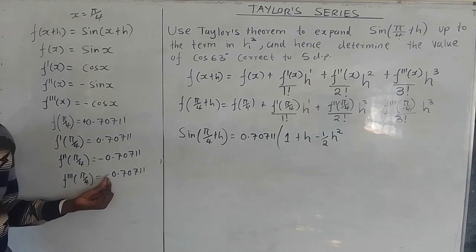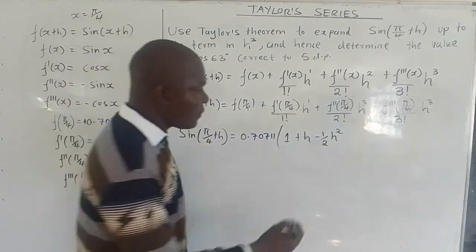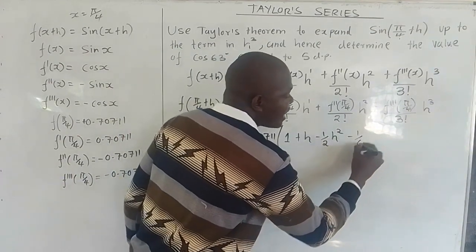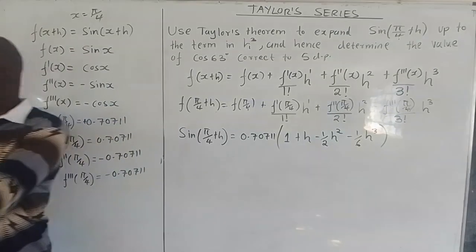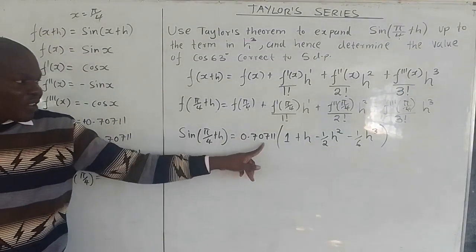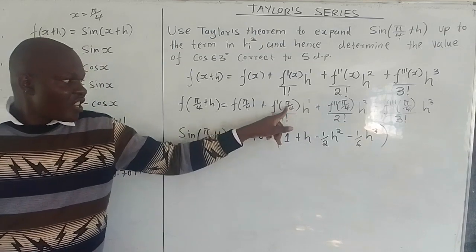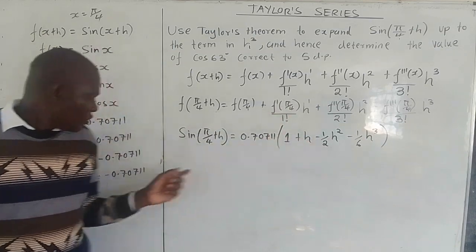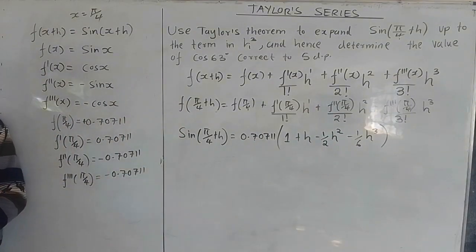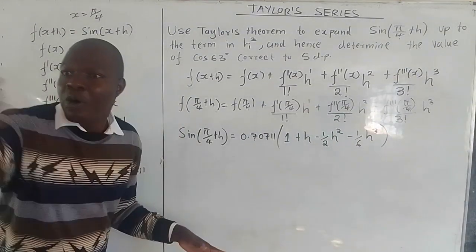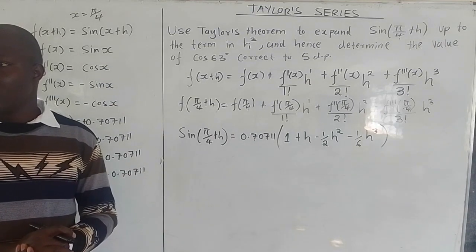So we have negative 1 over 3 factorial, which is negative 1 over 6, times h cubed. You factorize out a common factor. Are we together?